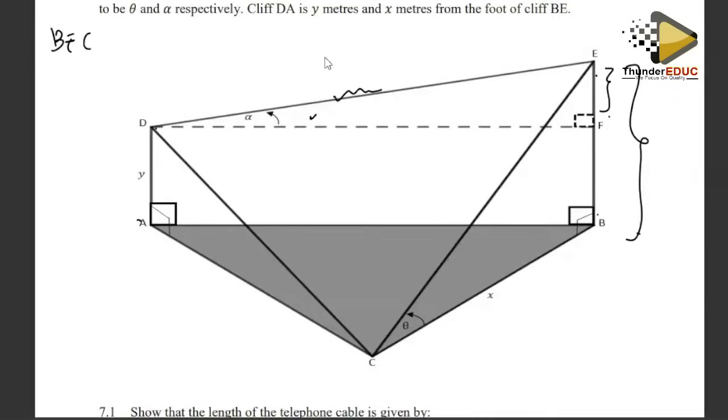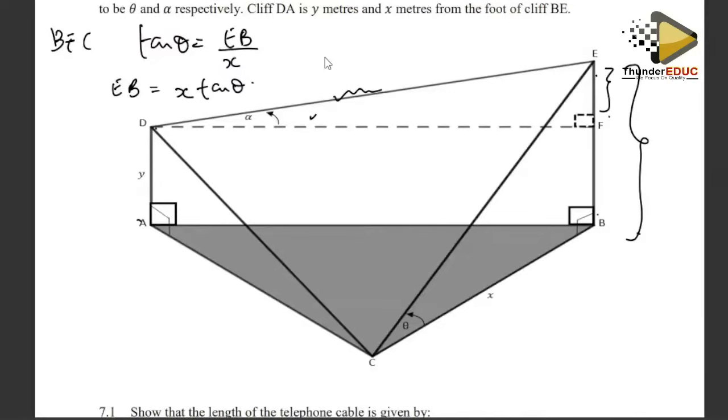So the tan of theta is the opposite, which is EB, over the X, meaning that EB is X tan of theta.